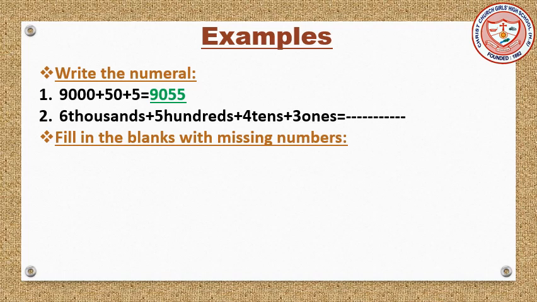Now, let's try out fill in the blanks with missing numbers. Number 1. 4436 equal to 4 thousands plus blank plus 30 plus 6.